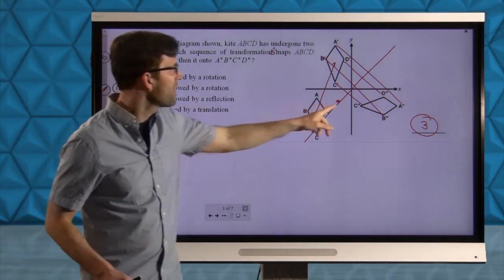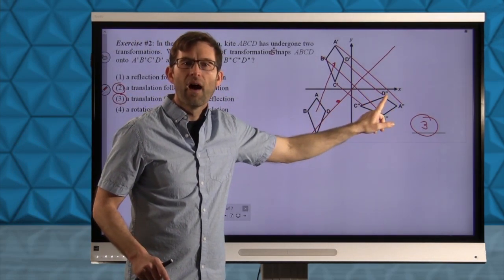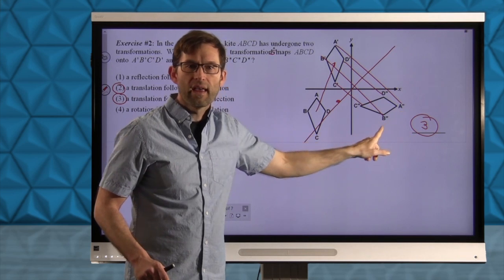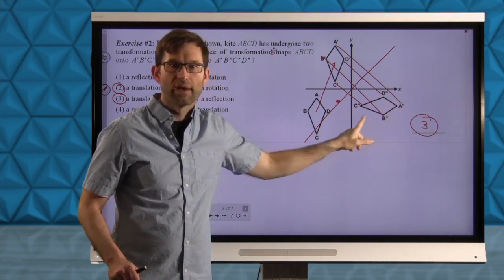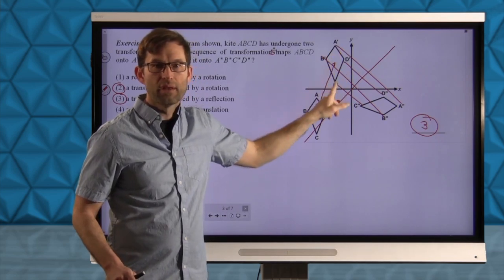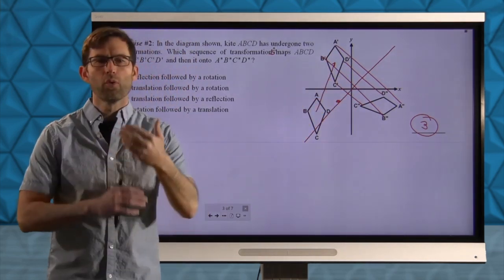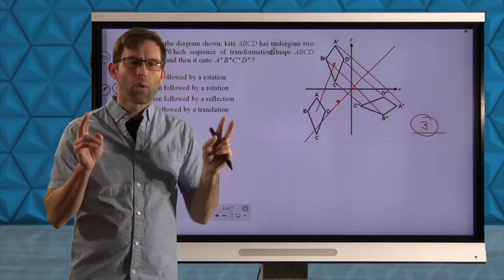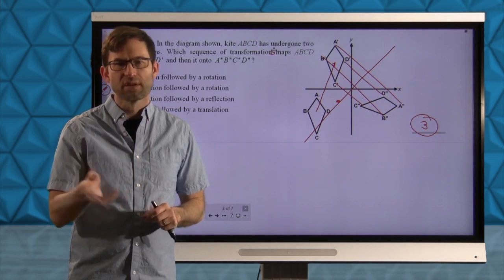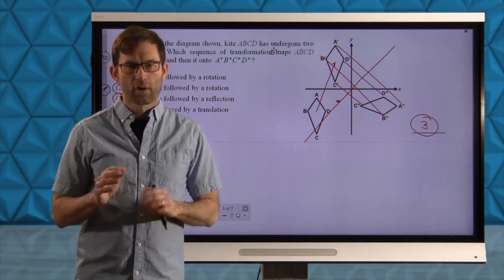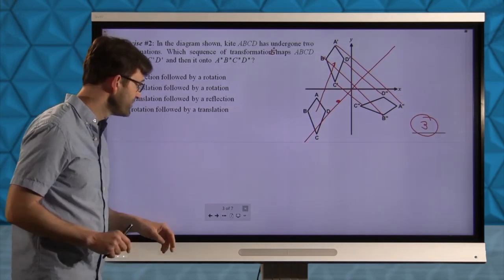But again, because of the way these letters are oriented in the opposite direction, A, B, C, D, I'm going around here in a clockwise way versus A, B, C, D here I'm going counterclockwise. Whenever you reflect a figure, its orientation changes, meaning that the letters will go in the opposite direction that they did before, clockwise, counterclockwise. That only happens with reflections.